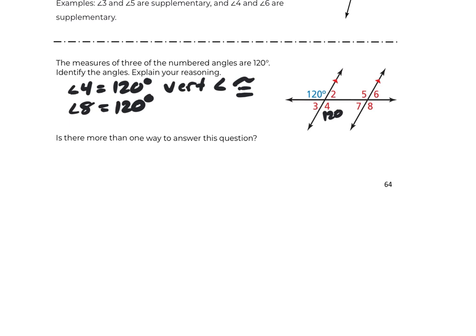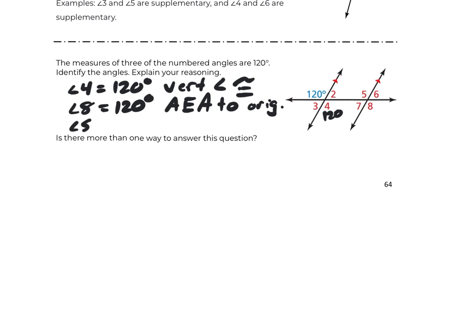Alternate exterior, okay? So I'm going to use alternate exterior to the original. Alternate exteriors are congruent, so because it's an alternate exterior angle, it would be the same measure. Okay, and then we need one more angle that would be 120. Okay, angle 5.